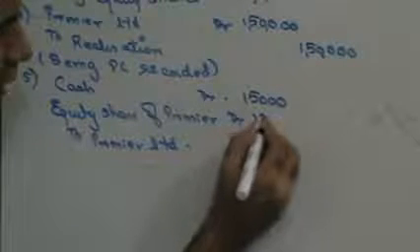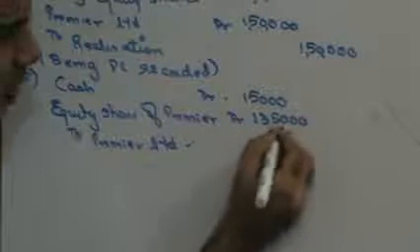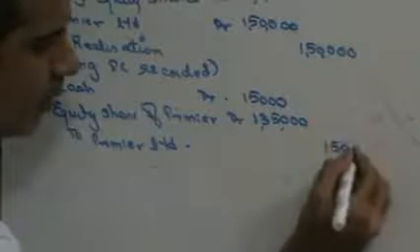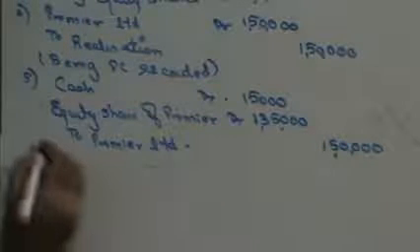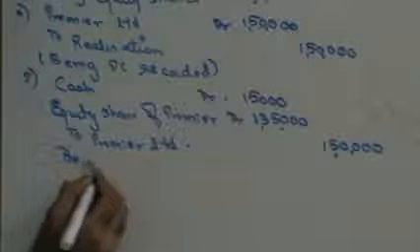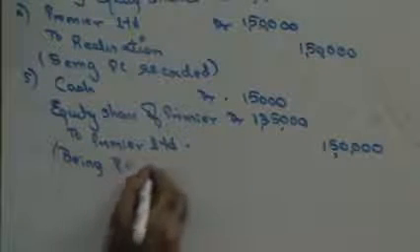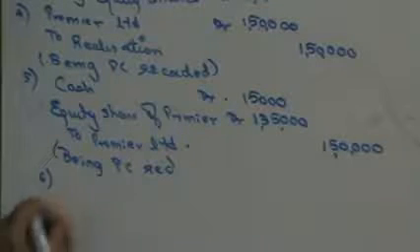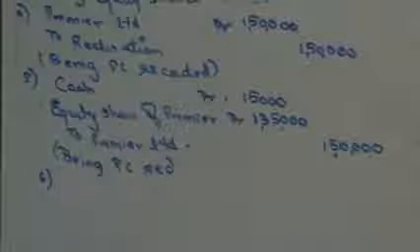Cash account is 15,000. Premier Limited is 1,35,000, that's equity shares of Premier Limited, and total is 1,50,000. Being PC received. Once you receive the PC, the next thing is you have to pay the preference shareholders. There are no preference shares.